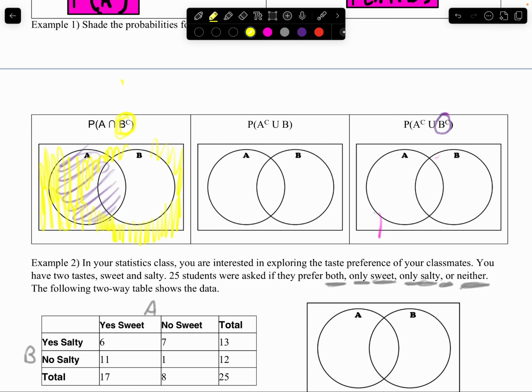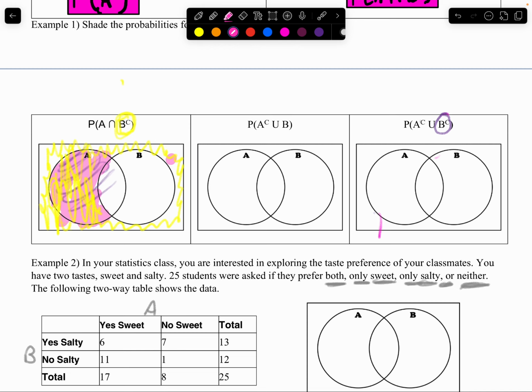This can get a little messy, but what we want is where both of those are shaded, the A and the not B. And as you may have guessed, that exact thing happens to be A and not B. That part right there.